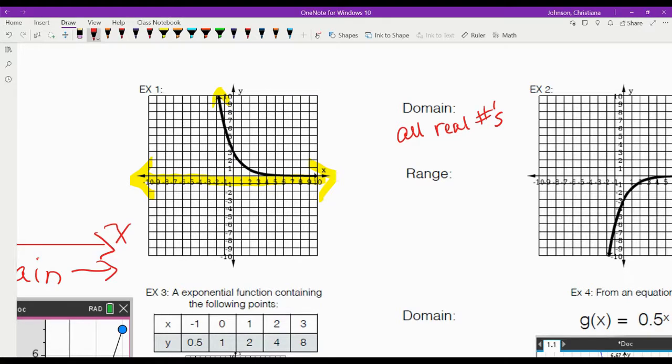And when I highlighted the x-axis, I was also highlighting the fact that this graph looks like it's coming closer and closer to the x-axis, but it's actually never going to reach it, because you cannot get a y equals 0 with any exponential if it's the normal setup.